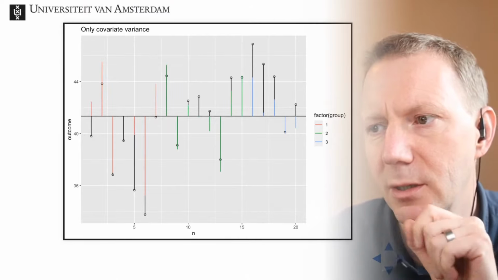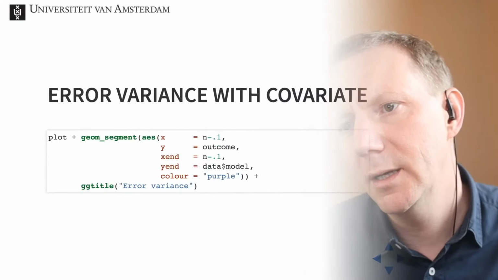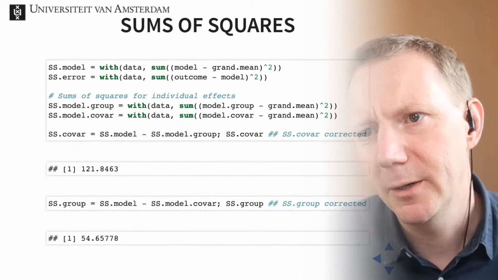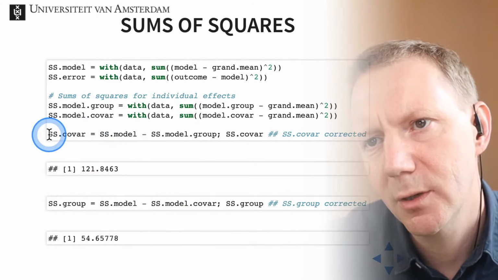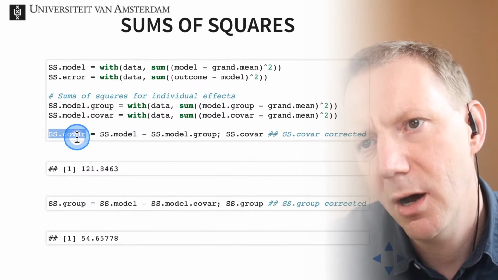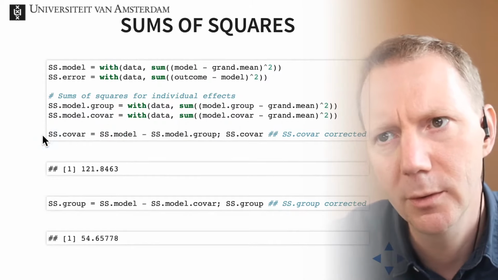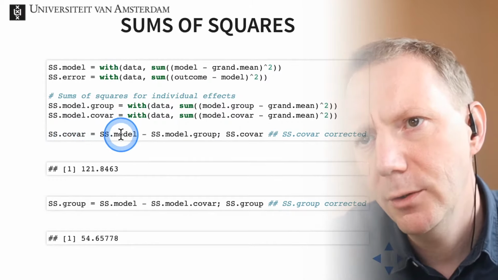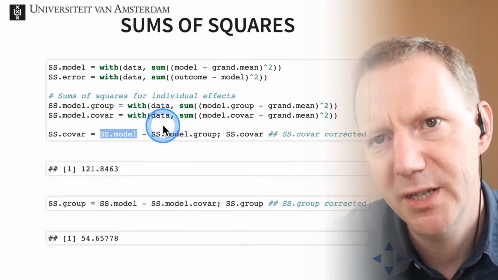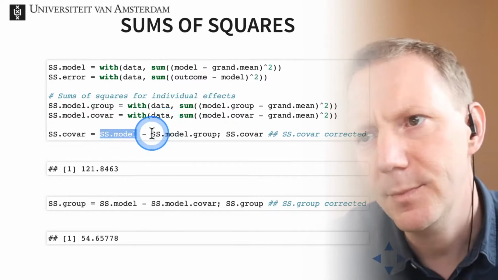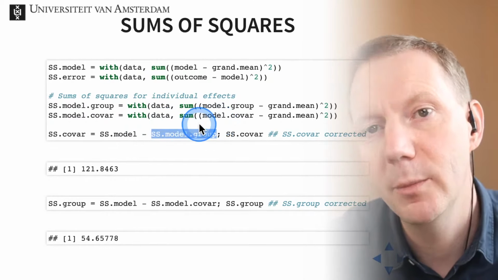So these are the ones for the covariate. In the final step here, if we want to know what the sums of squares for the covariates are corrected for the grouping variable, we know how much variance there is in the combined model, and we know how much variance was explained in only the model with the group.